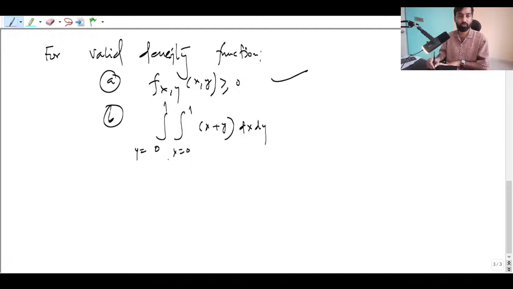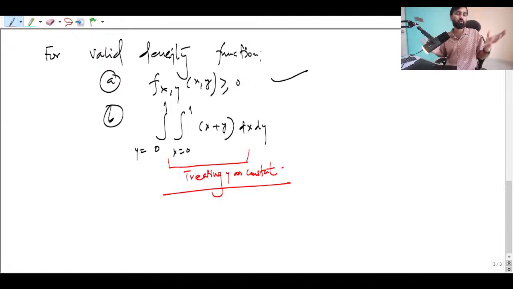First of all, you take x and perform the integration with respect to x and forget about y. Since the limits of the integration are also constant, you treat y as constant.